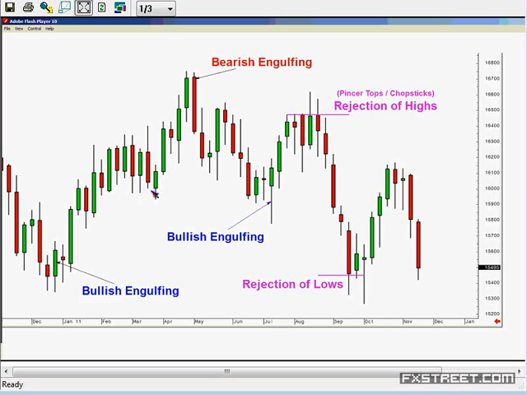If we drew an imaginary line across here, we can see that all these areas, the market has failed to break through. And again, it fails to break through. An area of support, as long as it holds, is still an area of support. As soon as it breaks, it then becomes an area of resistance, which we'll see in shorter time frames. So this was an area of support, came down, rejected the lows, gave us a bullish engulfing candle, then moved up again, pincer tops.